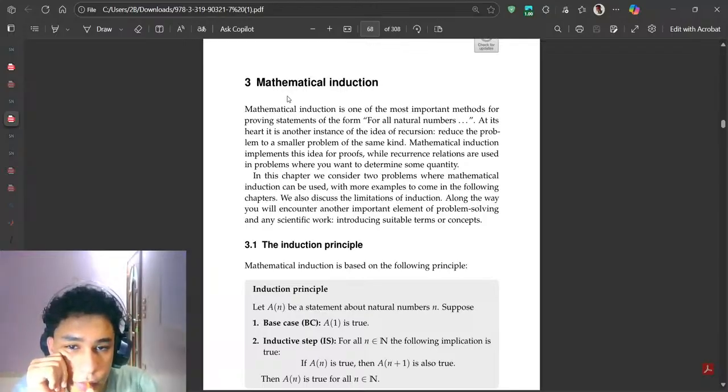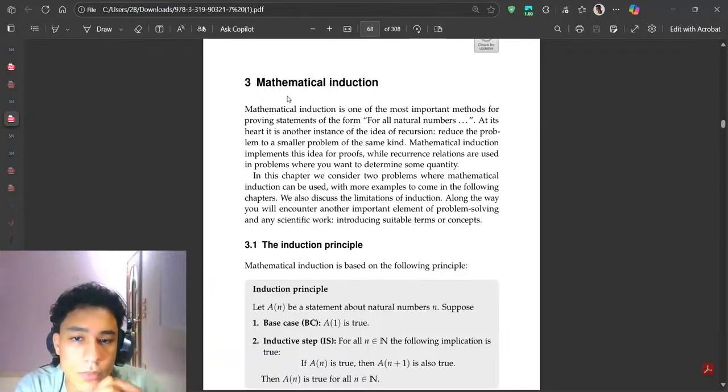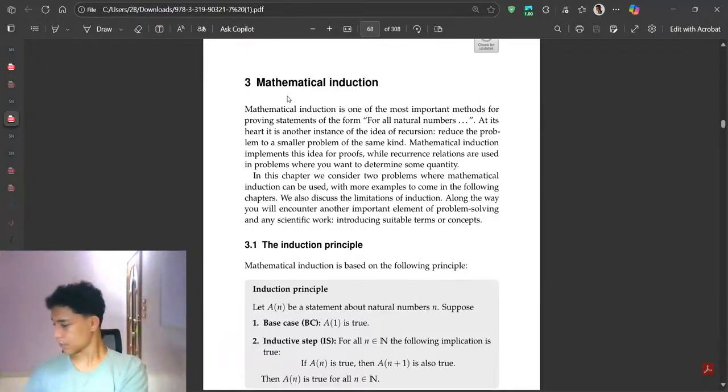Mathematical induction is one of the most important methods for proving statements of the form "for all natural numbers." At its heart, it is another instance of the idea of recursion: reduce the problem to a smaller problem of the same kind.